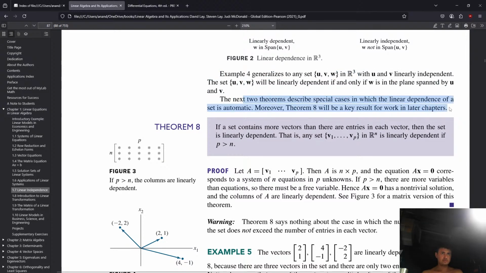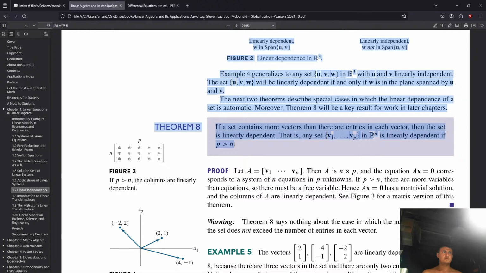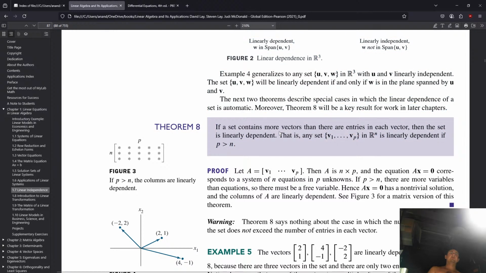Special cases in which the linear dependence of a set is automatic. If a set contains more vectors than there are entries in each vector, wait, let me think about that, because we're talking about columns.